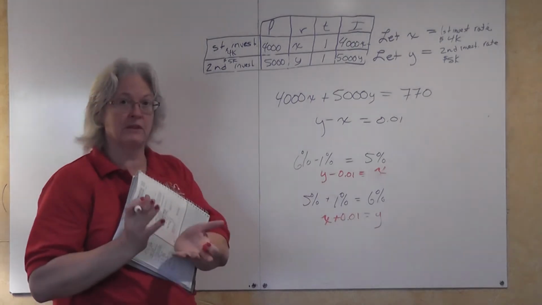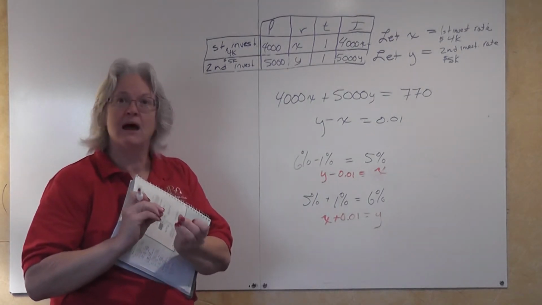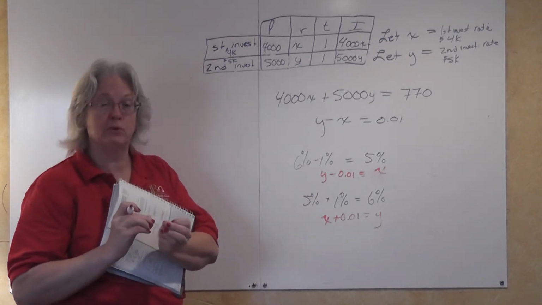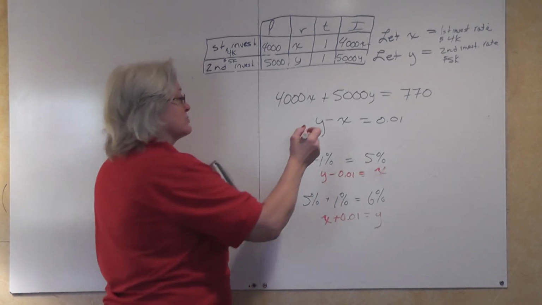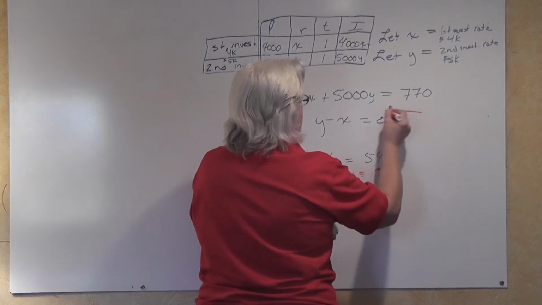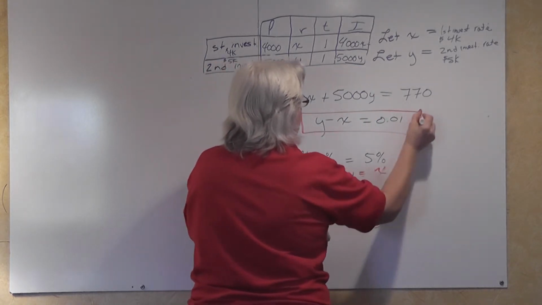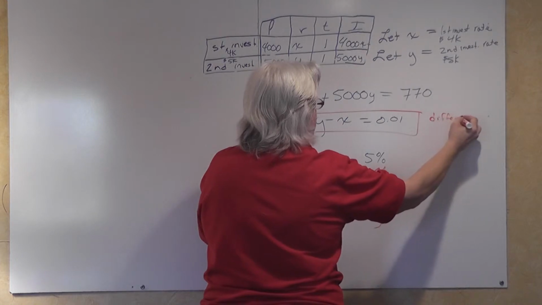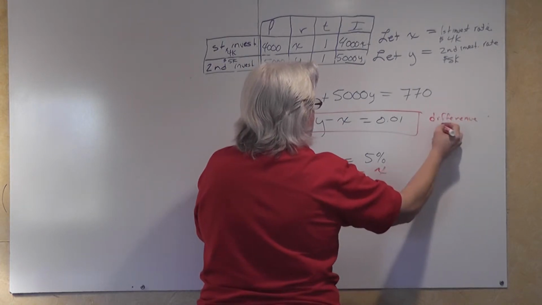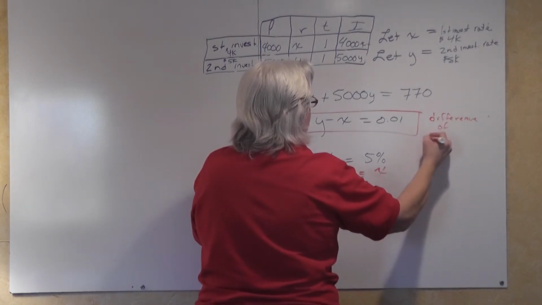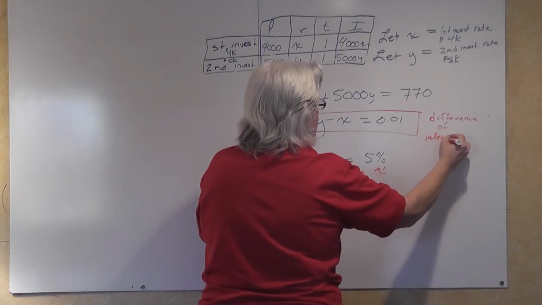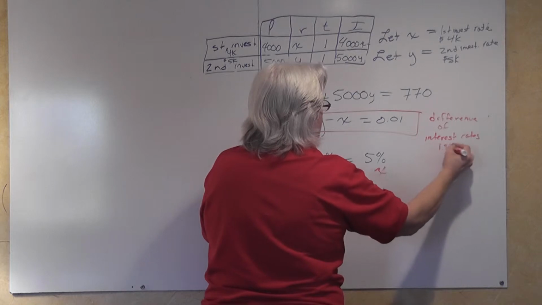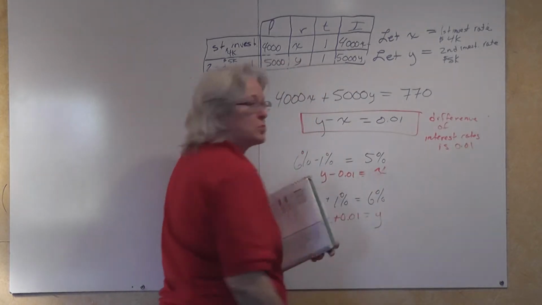They said that if there is a difference of 1% between those two interest rates, that's what they've done here. This is where they have keyed in on the difference of the interest rates is 1%.